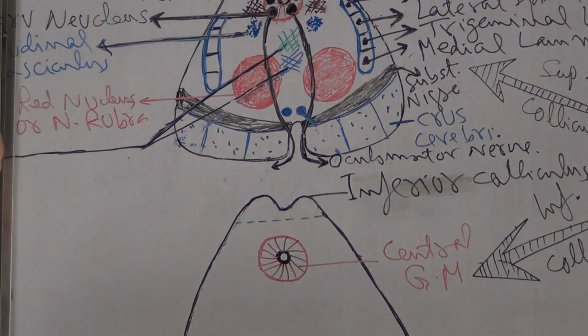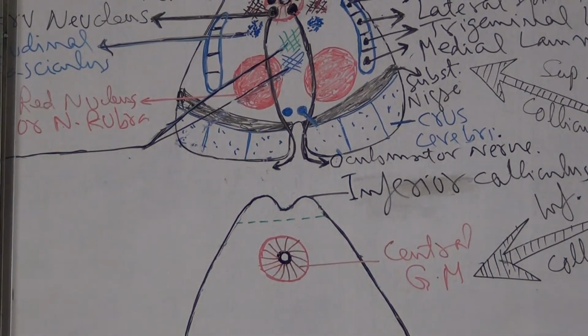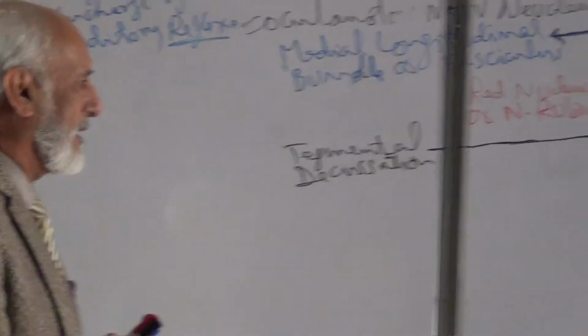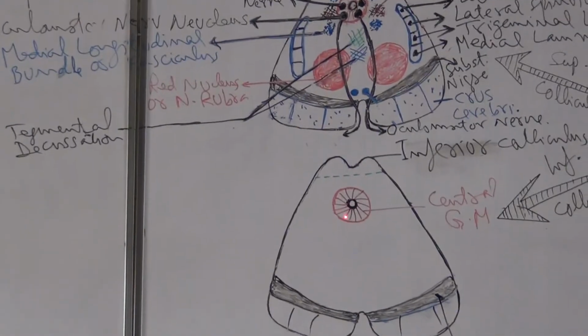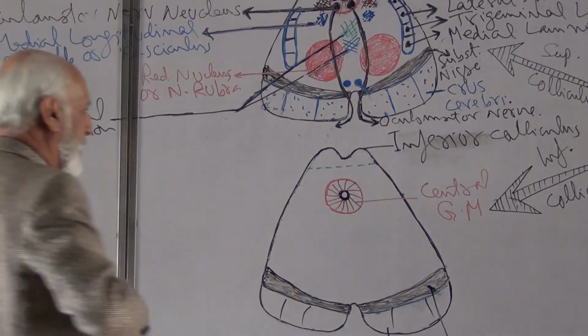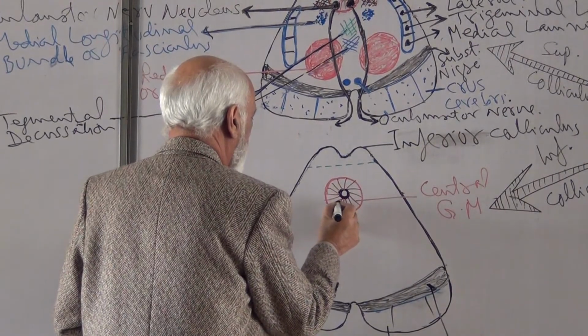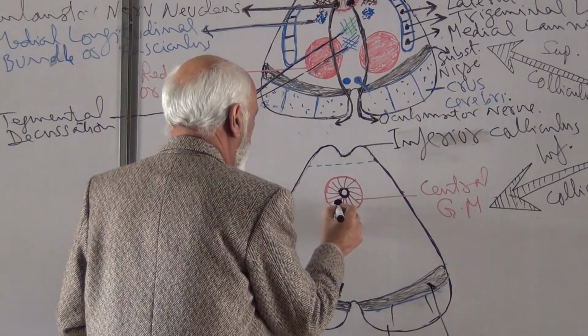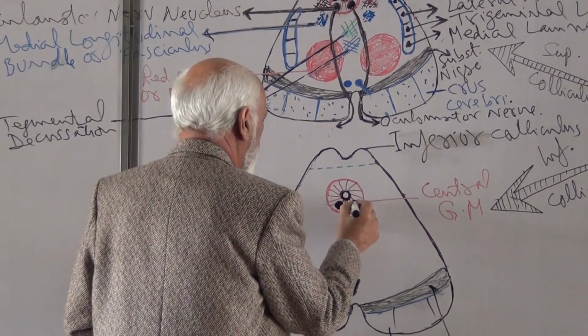Now, in the central gray matter of the lower half of the midbrain, anterolateral to the cerebral aqueduct, is the trochlear nerve nucleus on each side.